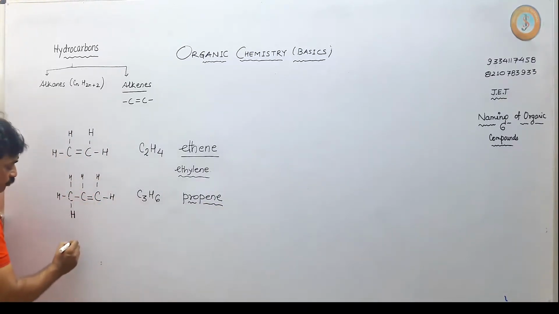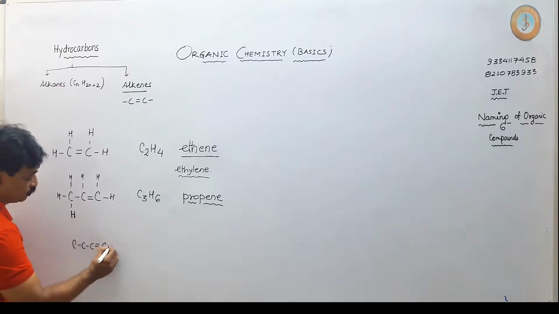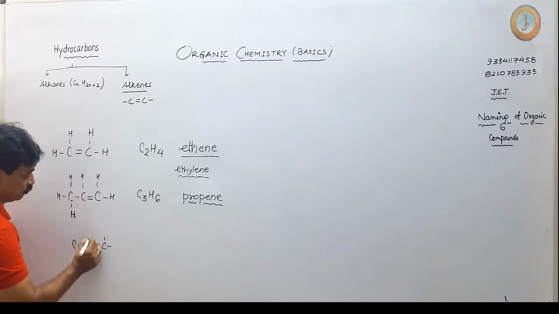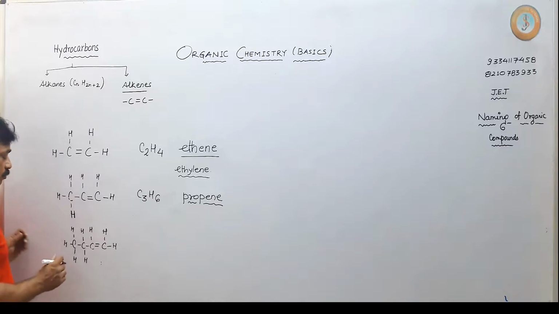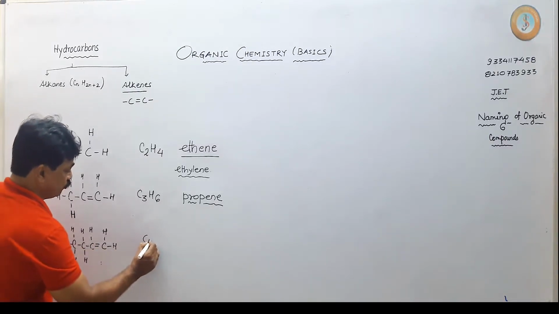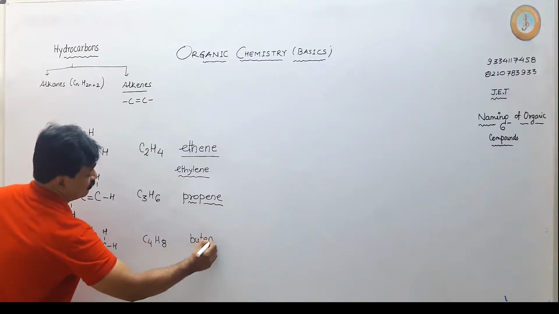Now once again for the fourth one, C4 means 4 carbons. The double bond exists there, 1, 2, 3, 4 sticks for each carbon. Now put H all the time. Now we have how many carbon atoms? C4H8. This is butene, then pentene, hexene, heptene.